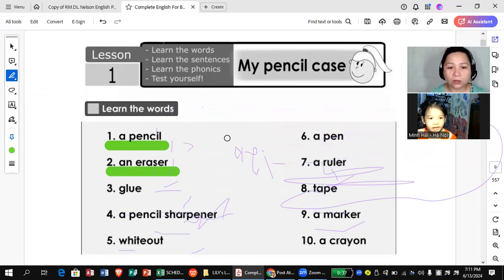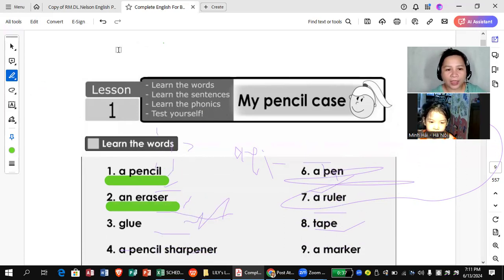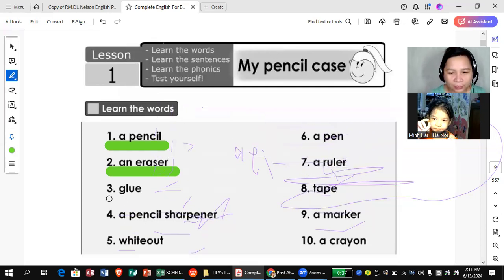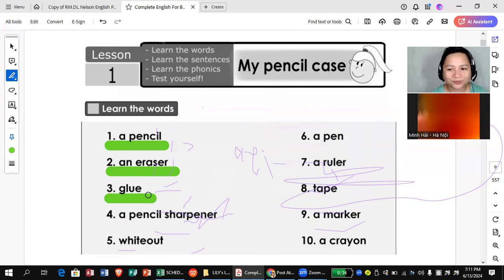Okay, for those letters that are not A, E, I, O, U, they are called consonants. For example, in here, what are the vowels in the word glue? Okay, can you answer me first, please?